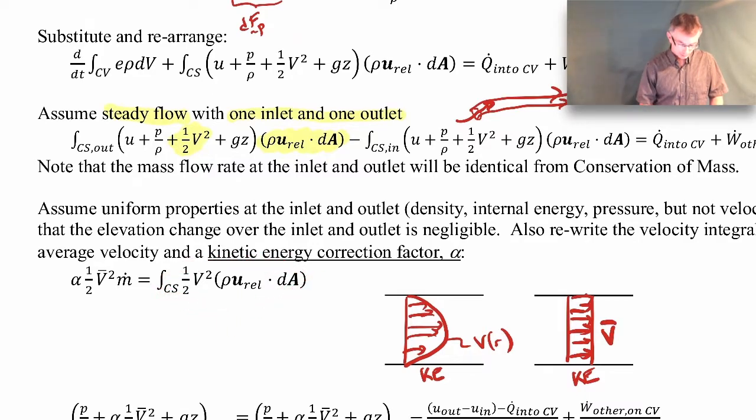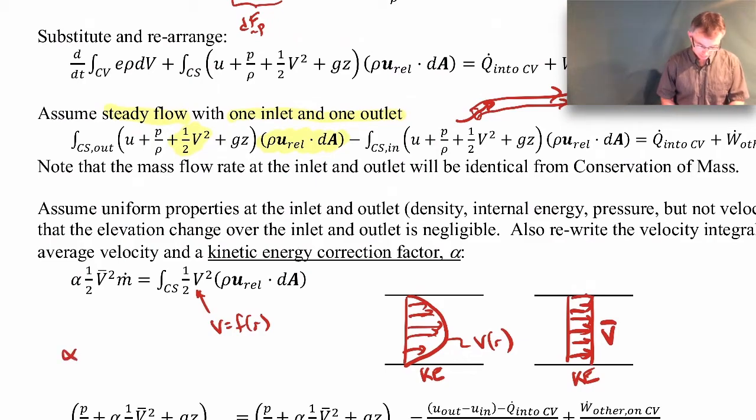This velocity is a function of the radius, remember. It's this profile here. If I put in the real profile here, multiply it by the mass flow rate, and integrate over that surface, I'll get a certain amount of kinetic energy flux. I just want that kinetic energy flux to equal the same value over here where I'm using the average profile. We call this value alpha the kinetic energy correction factor.